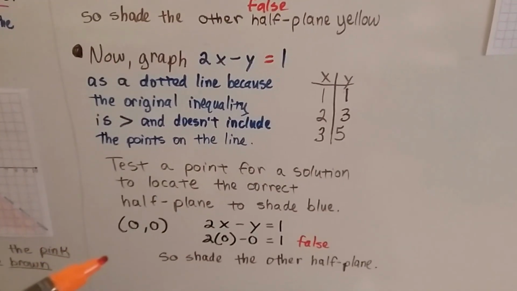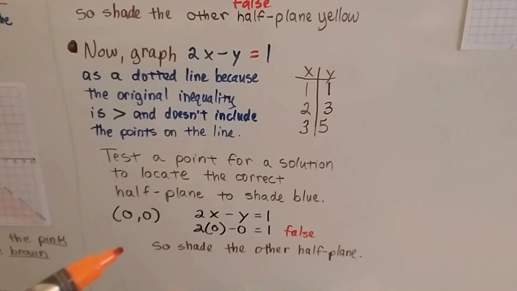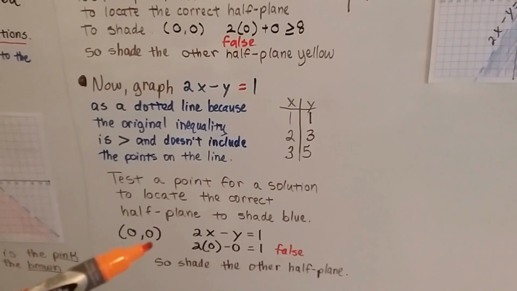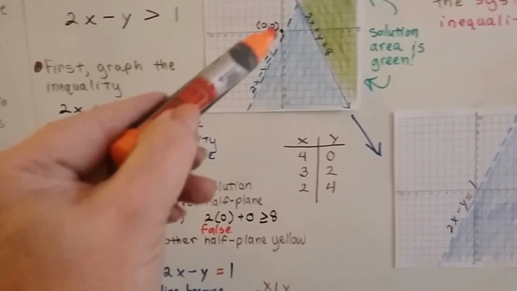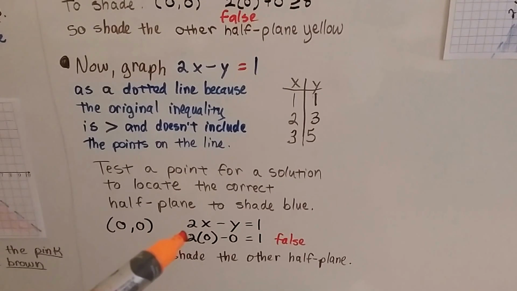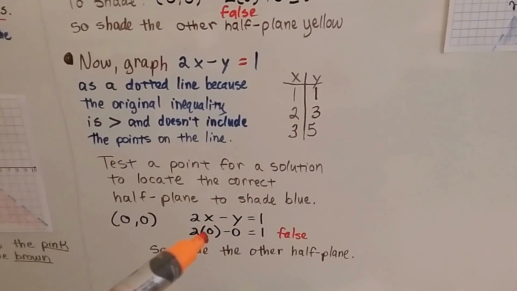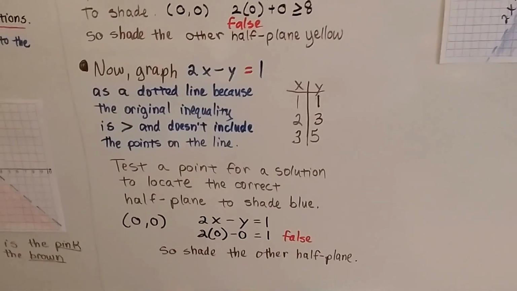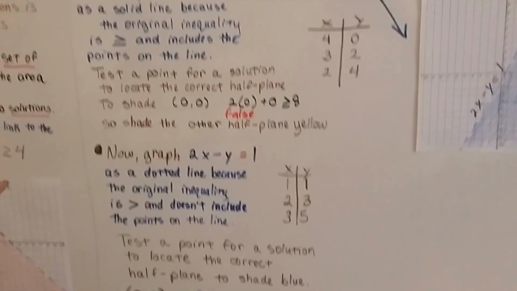And we find a test point for a solution to locate the correct half plane to shade blue. This one we shaded yellow, and 0, 0 is not inside that half plane. If we use 0, 0, 2 times 0 minus 0, that doesn't equal 1, so that's false. So we shade the other half plane, okay?